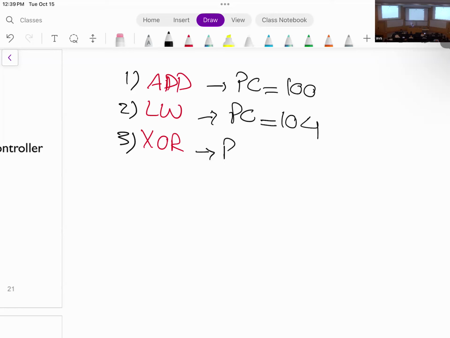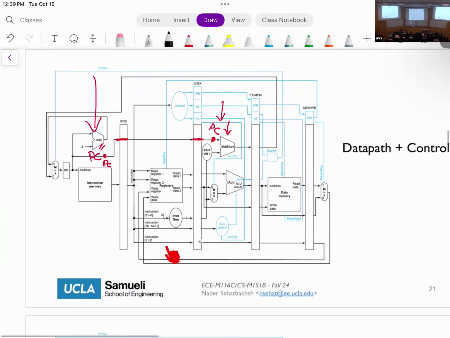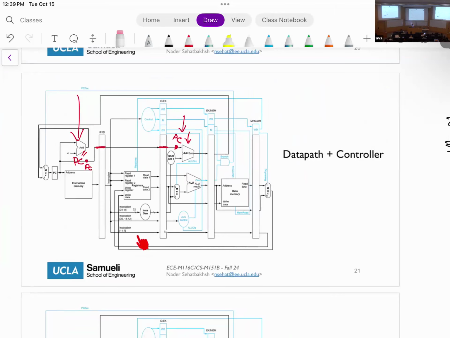And for the third, PC is equal to 108. What happens in my pipeline is that I initially start with the first instruction inside my pipeline. If I look at the PC here, the value should be equal to 100. In cycle number 1, PC is equal to 100.